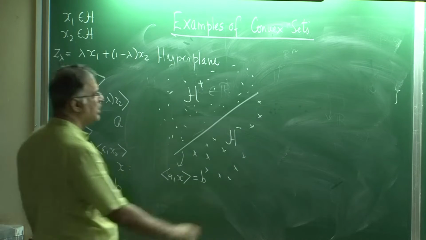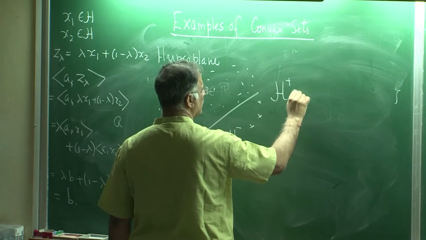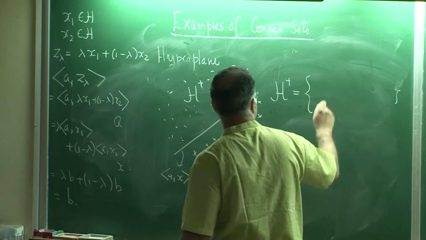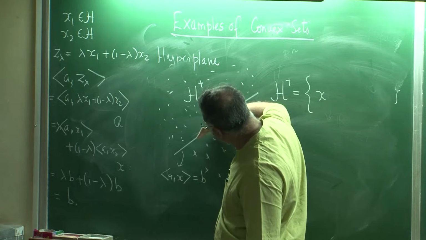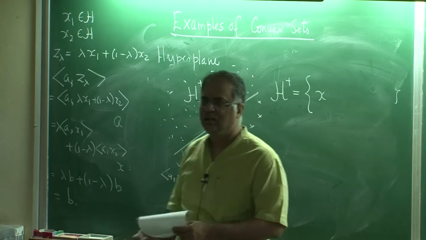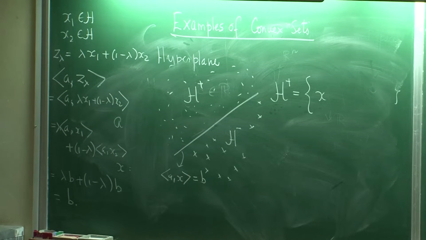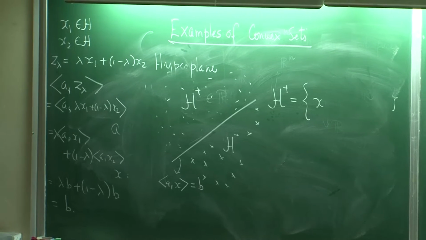The upper half space is given by: if I move away from here towards this side, the value of A inner product x will increase, it will become bigger than b, and if I go below it, it will become lesser than b.